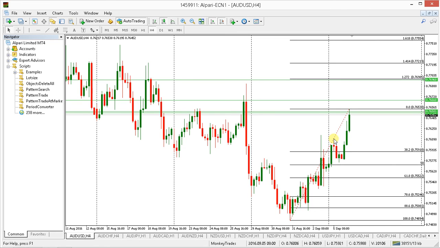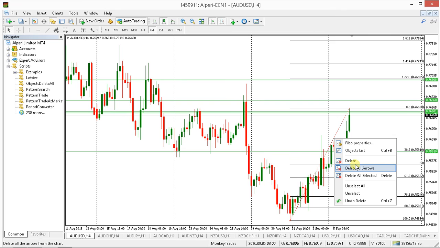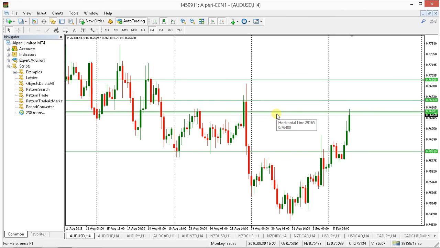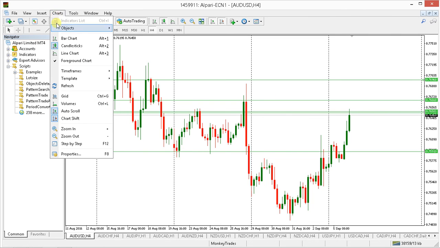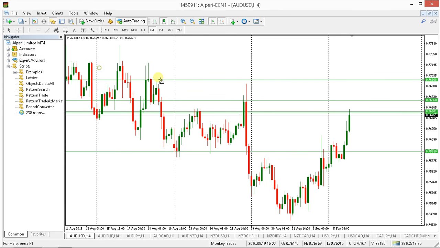So this is the 382. Delete that. Let me take my triangles, X to A to B, and I will mark the pattern itself, and B to C and D. Just placing it at the first line as it signifies that it was completed because it touched the first line.